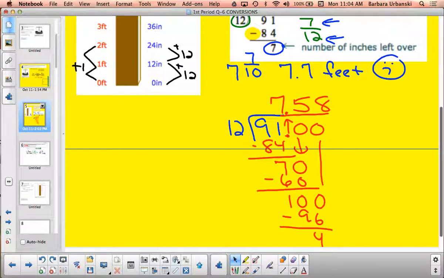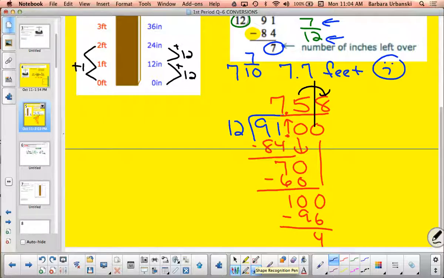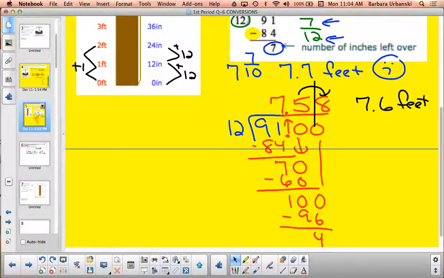Now, if we were asked to round to the nearest tenth, we would have only one decimal place to the right, and we could put our line, as we always do, and look to the digit next door. If it's 5 or more, we would round up, and that would give us 7.6 feet, not 7.7 feet. And that's where a lot of students make a mistake.